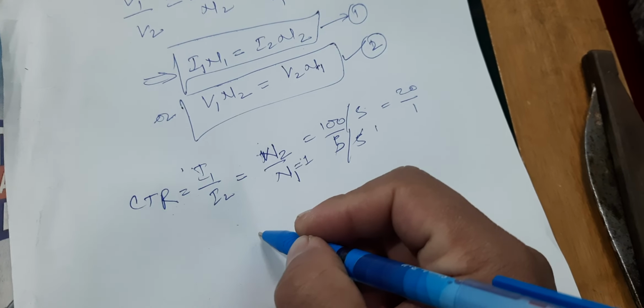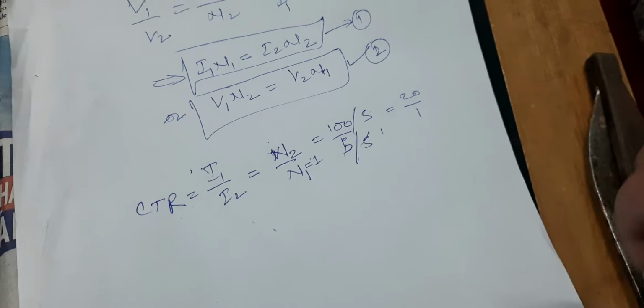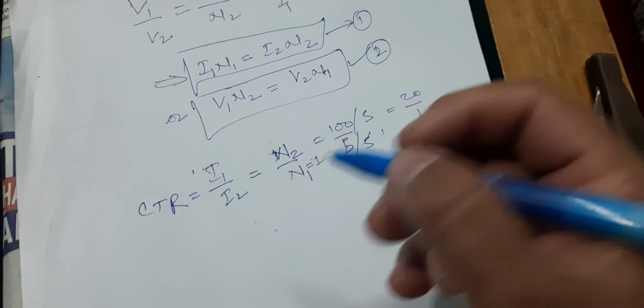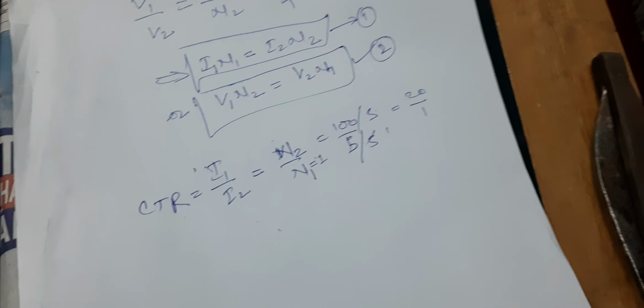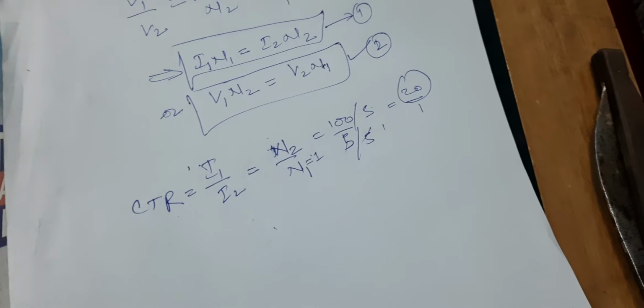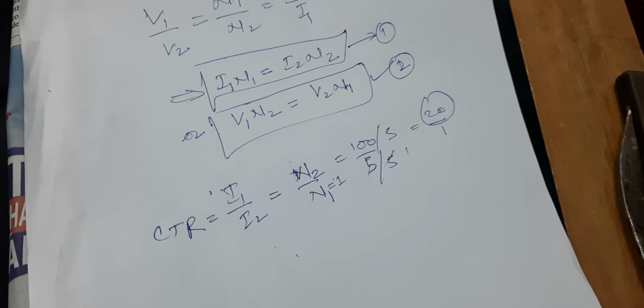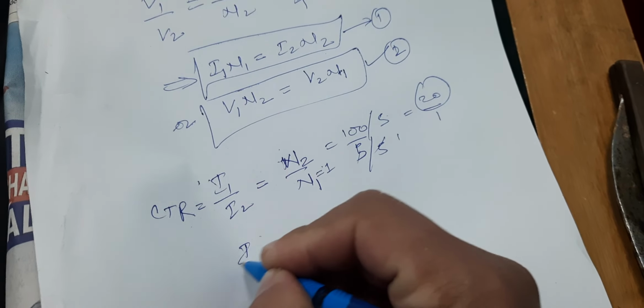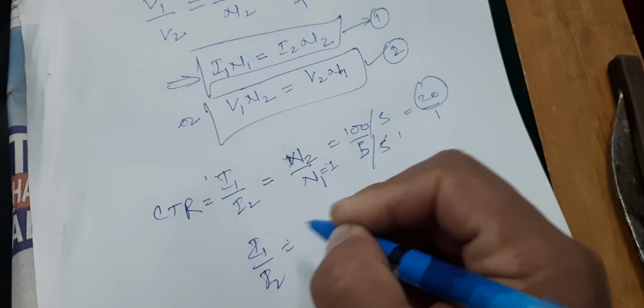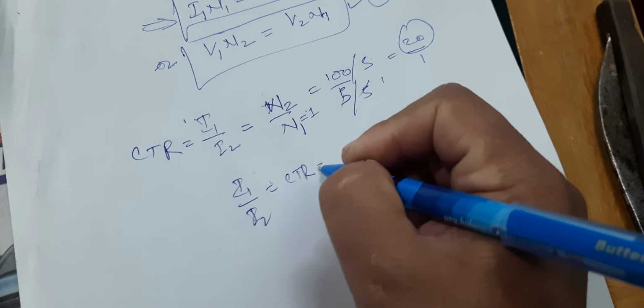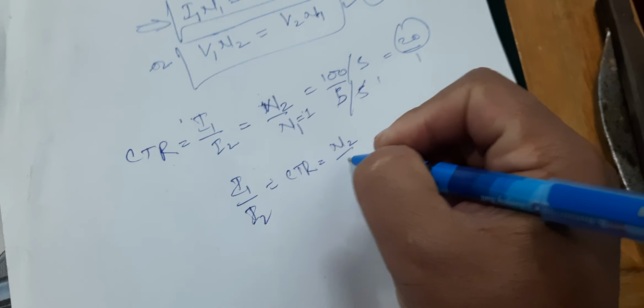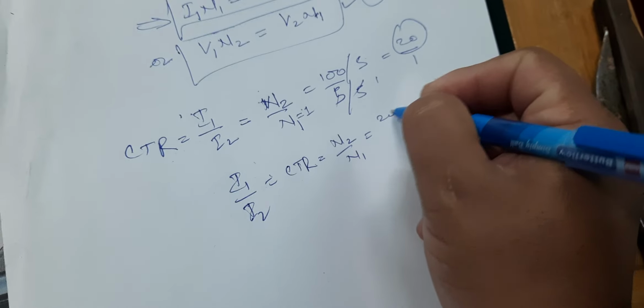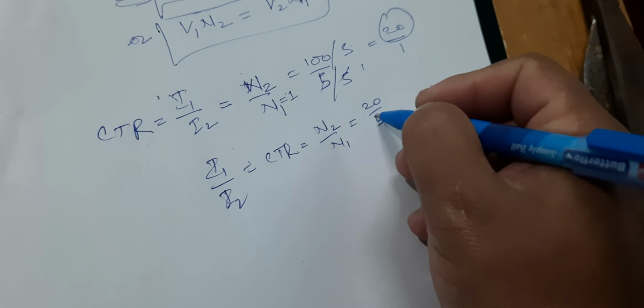So the number of turns in the CT ring should be 20. That is, I1 by I2, which is my CT ratio, is equal to N2 by N1, which is equal to 20 by 1.